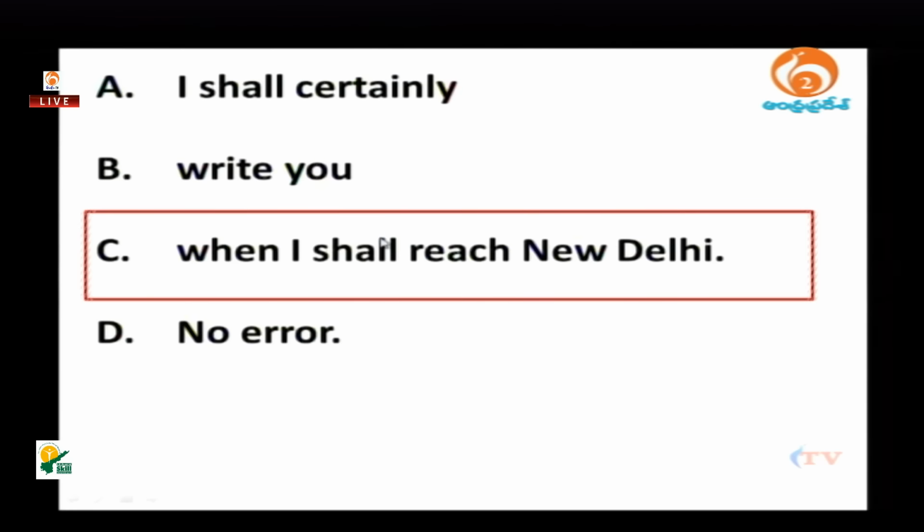It's a repetition. That's why C is the answer. Now you would wonder, is write you correct? Yes, it's correct. Let me write you an email, let me write you a letter, I will write you, or I will write to you is also fine. Write you in a colloquial way is also fine. The reason option C will be the answer where there is an error is because the shall is already used. It need not be used all over again. It's a repetition.